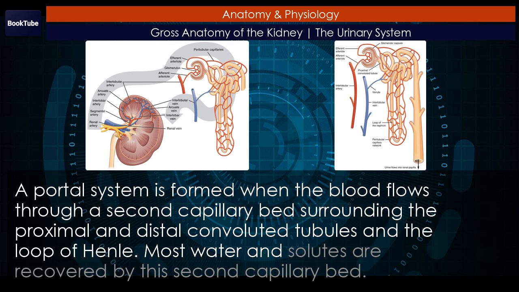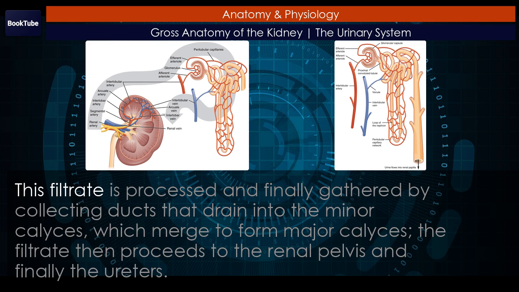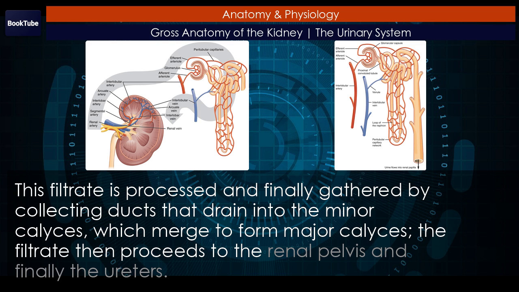Most water and solutes are recovered by this second capillary bed. This filtrate is processed and finally gathered by collecting ducts that drain into the minor calyces, which merge to form major calyces. The filtrate then proceeds to the renal pelvis and finally the ureters.